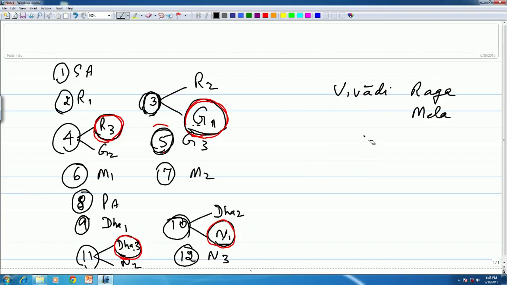And it has really opened up, this 72 Melakarta scheme has really opened up the possibilities of melodic combinations, of tonal combinations. What are the tones that we can use to make music? Otherwise, it's not really very natural to think of a combination like this.